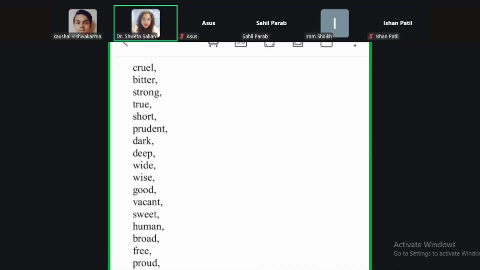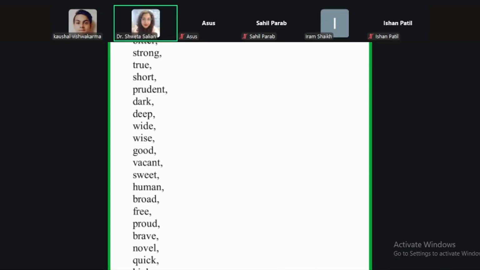Now, I just want to correct the short part. Short is shortness. We generally don't use short a lot to describe, and therefore, we don't pay attention to it. But short is shortness. Moving on. Goodness. Then vacant, vacancy. Very good.